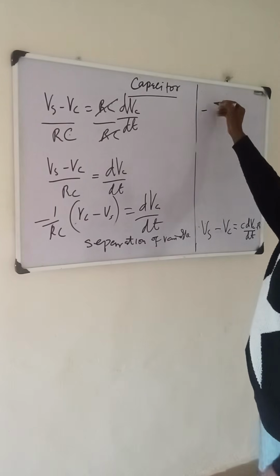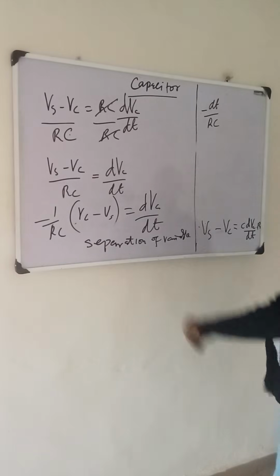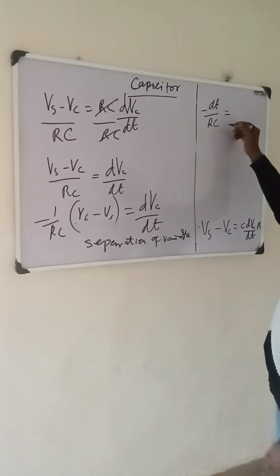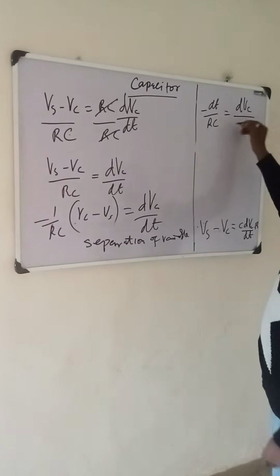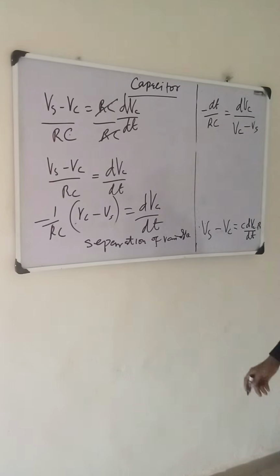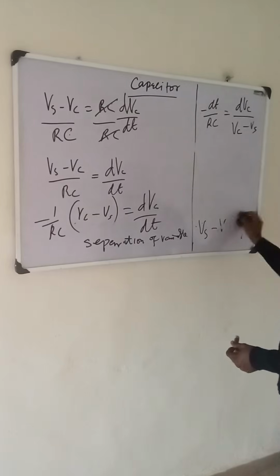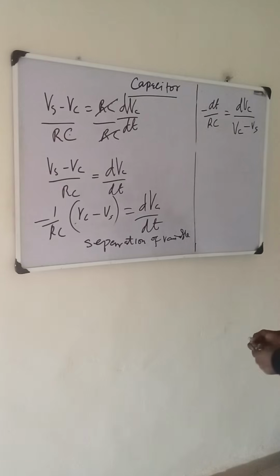So you have minus dt all over RC. Taking this to the other side is equal to dVc, which is already here, so this will come down, which is Vc minus Vs. Okay, so from here, now we have separated the variables. What do we do? We integrate both sides.